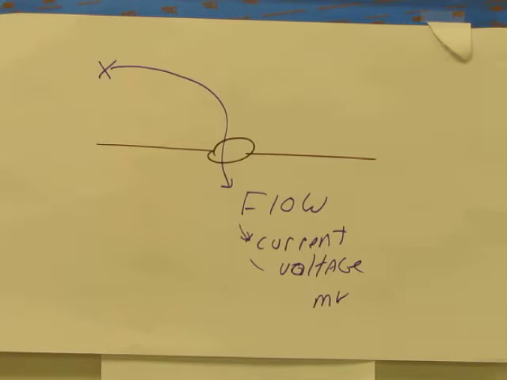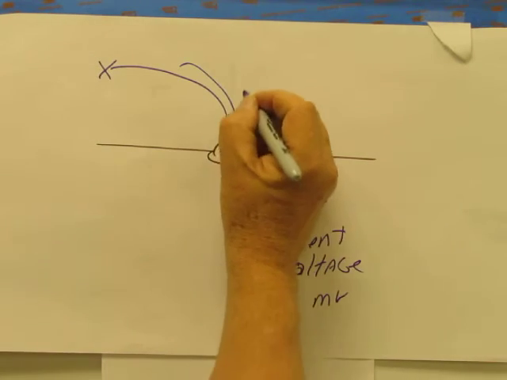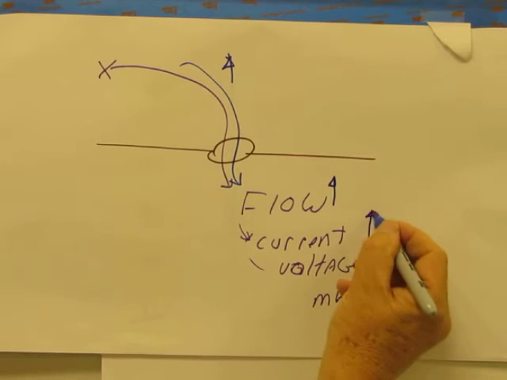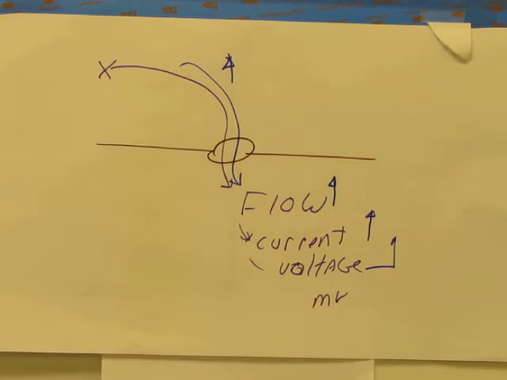So the correlation is, very simply, if the flow increases, the current will increase and the voltage will increase.